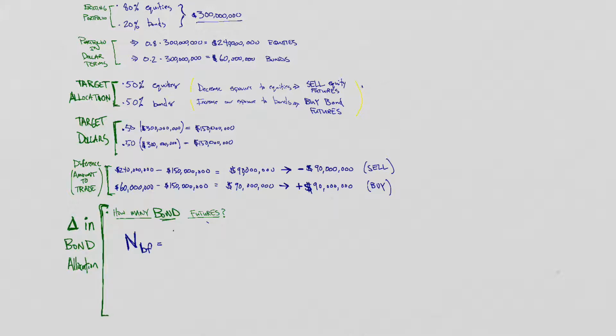we still have to look at how much we need to increase our bond exposure by. This amount here, 90 million, is how much additional exposure we need to get. And like the equity example, we still need to compare that amount to trade to the contract size for the underlying futures, in this case bond futures.